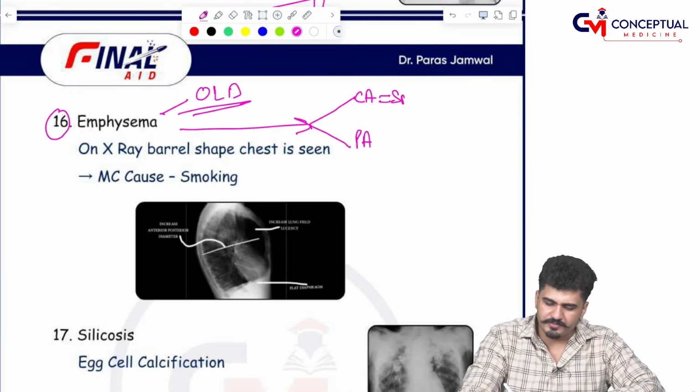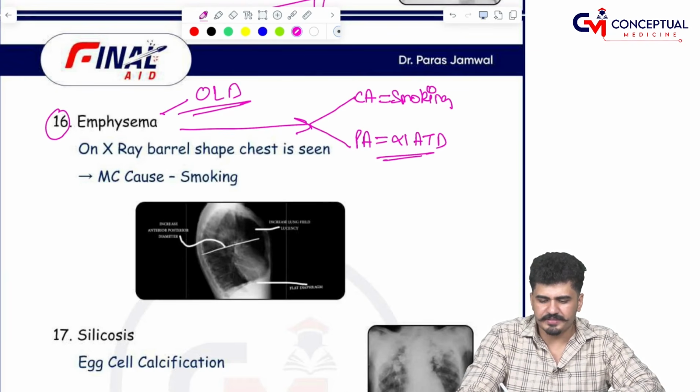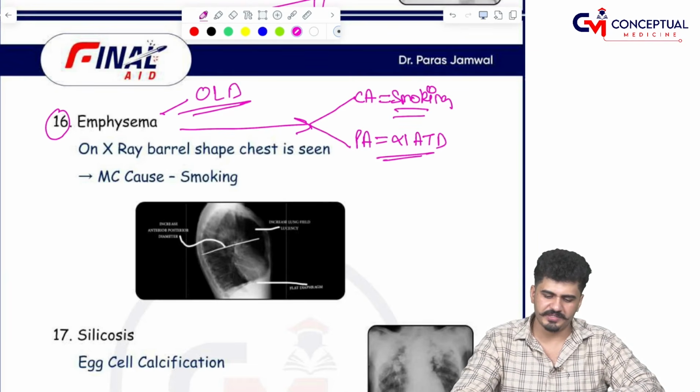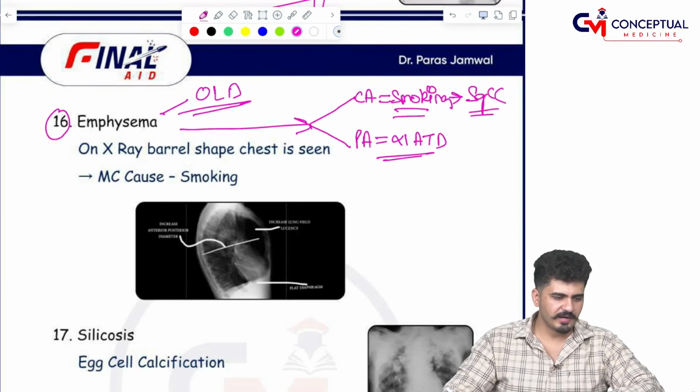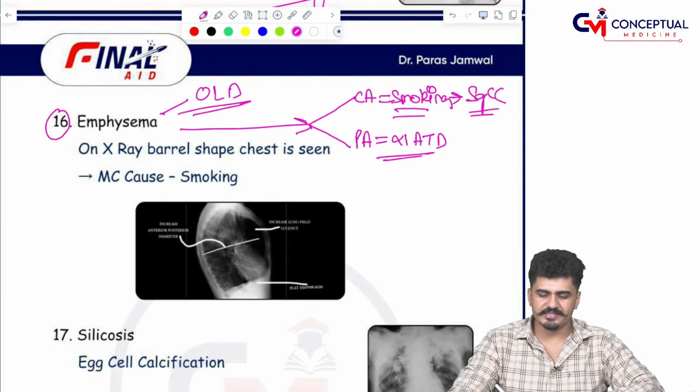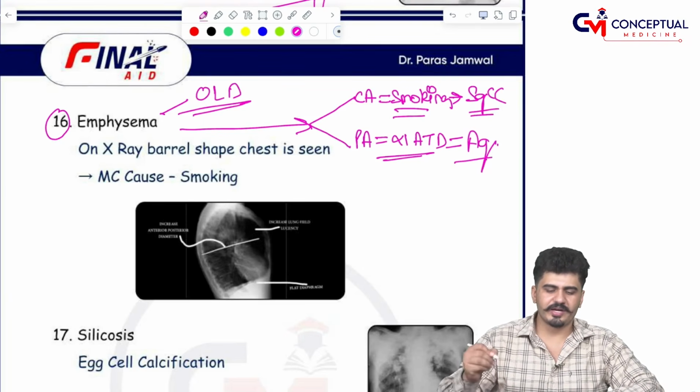Centriacinar is because of smoking, and panacinar is because of alpha-1 antitrypsin deficiency. The smoking part will lead to squamous cell carcinoma. And sir, this antitrypsin deficiency will lead to adenocarcinoma.